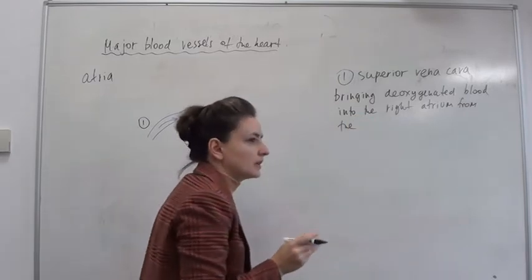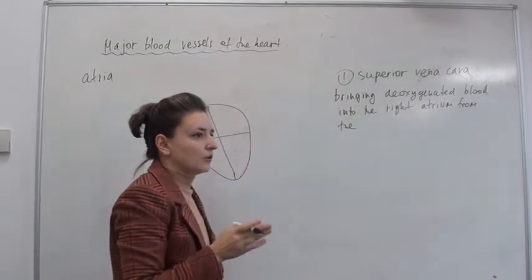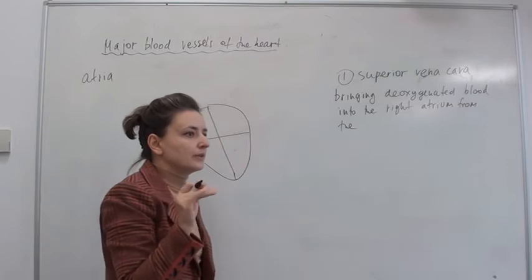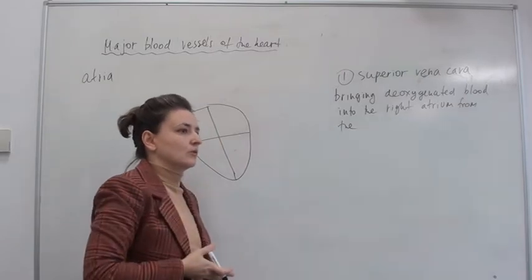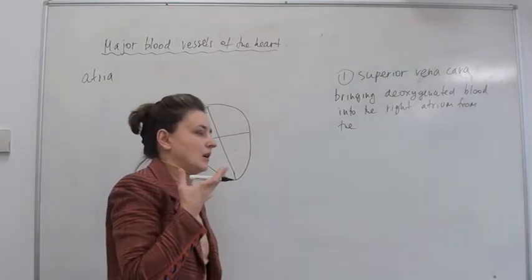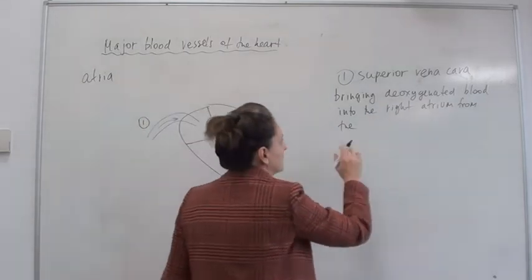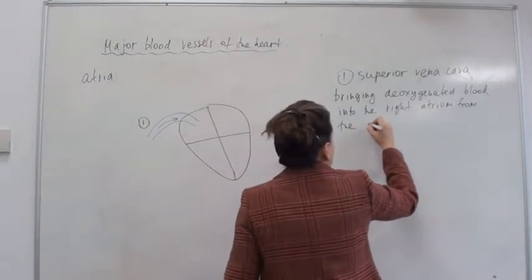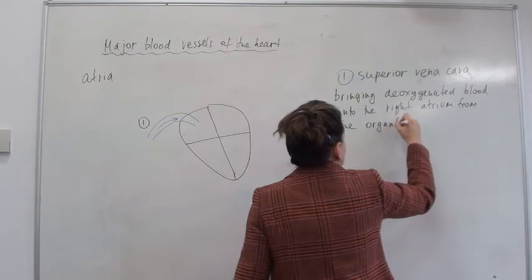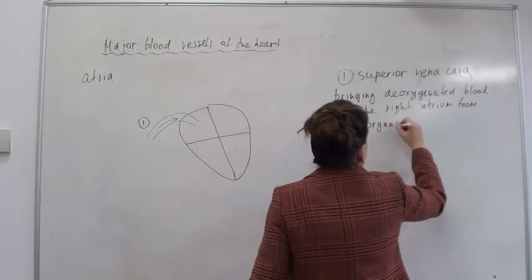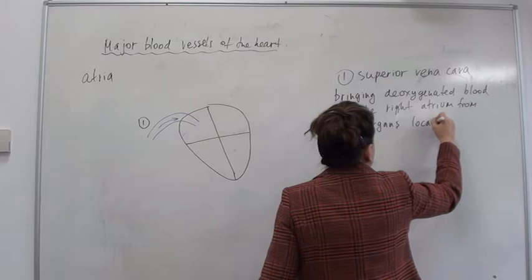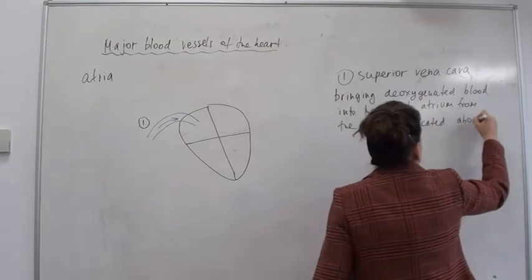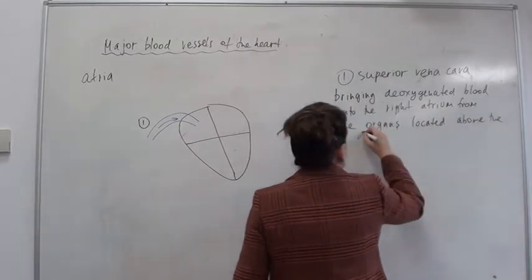And it's not just bringing blood from all of the rest of the body, it's only bringing blood from all the organs from diaphragm up. So I need to somehow write that down as well. From the organs located above the diaphragm.